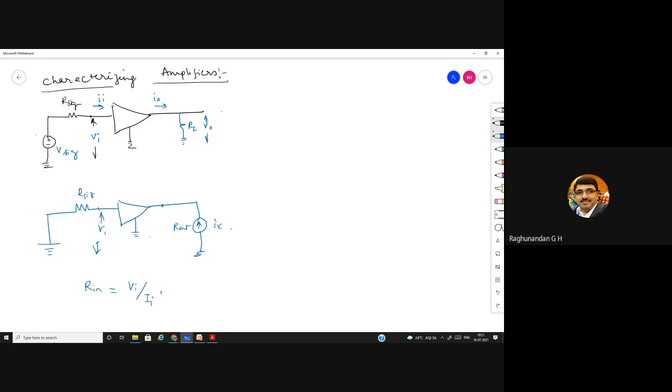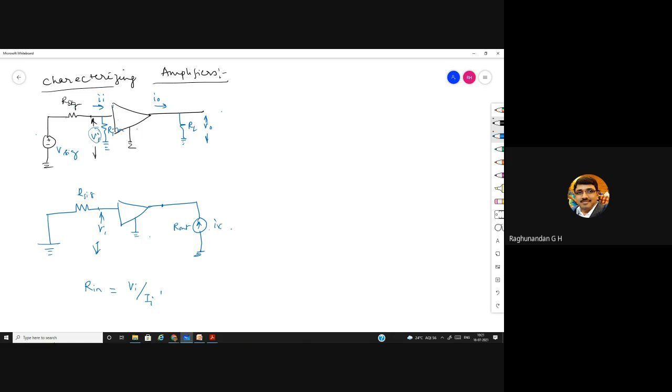Now you can see that the input resistance will appear here, Ri. This is the total input resistance that is going to appear across the op amp. So in order to find this Ri, or you can take it as Rin, the input resistance. When we consider these two, Rsig and Rin, they are in a parallel combination. So if you want to find Vi, then Vi will be the same voltage as that across Rin.